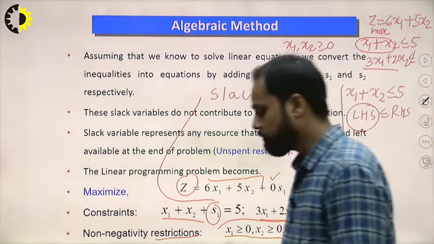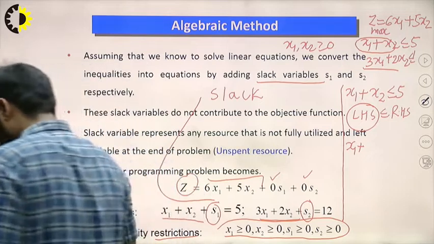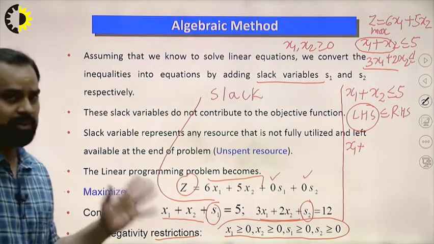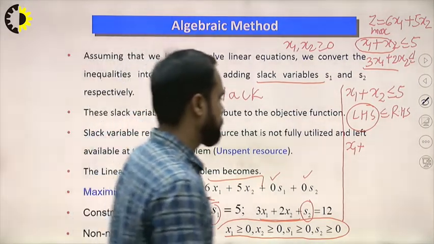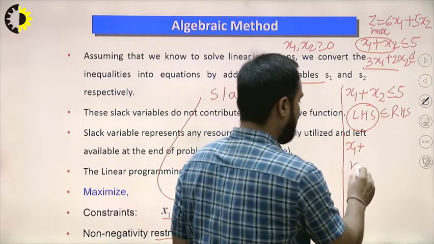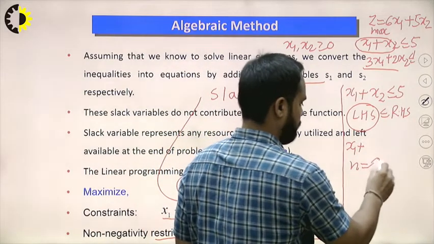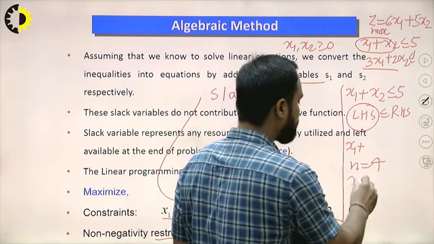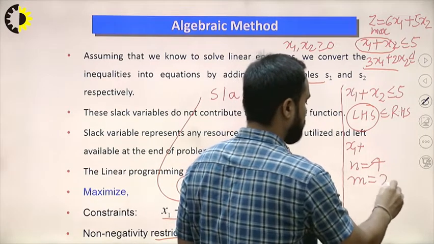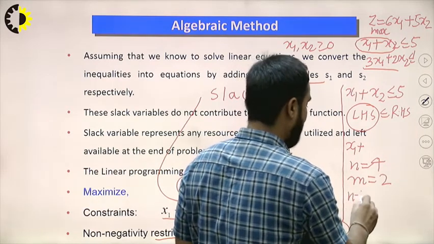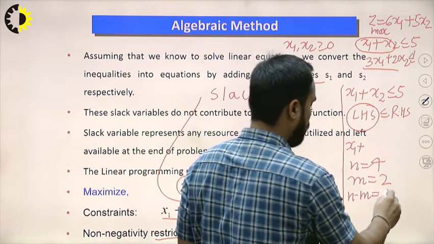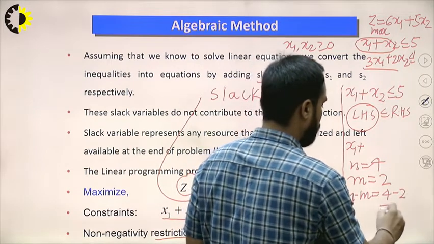When the problem becomes a 4 variable problem, how can we solve it with the help of the algebraic method? We have to decide. Now the number of variables is equal to 4 and the number of equations is equal to 2, and n minus m is equal to 4 minus 2, which is 2.